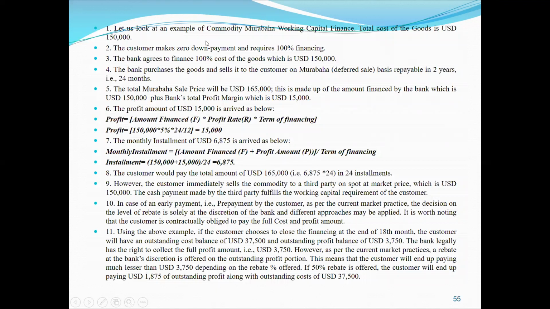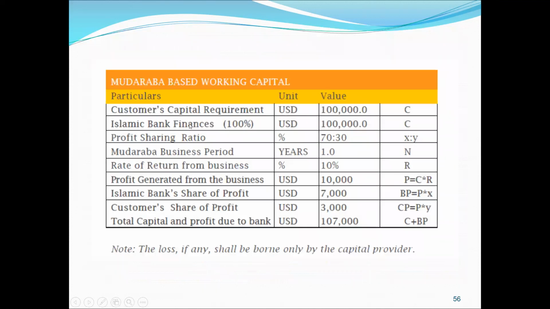This is how the mechanics of calculation takes place. I'm not going to read it because I already went through the table itself.